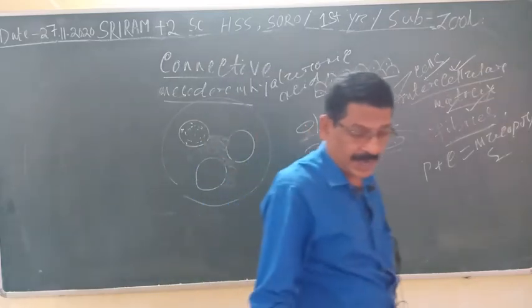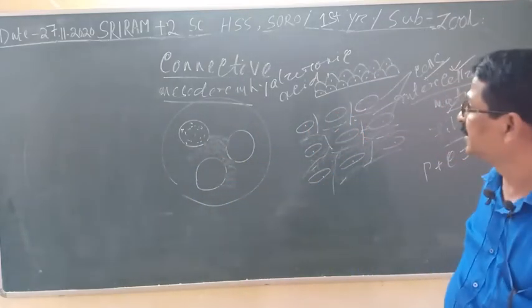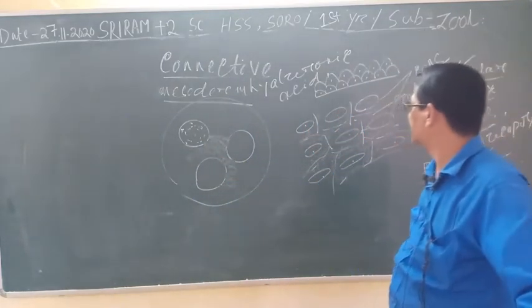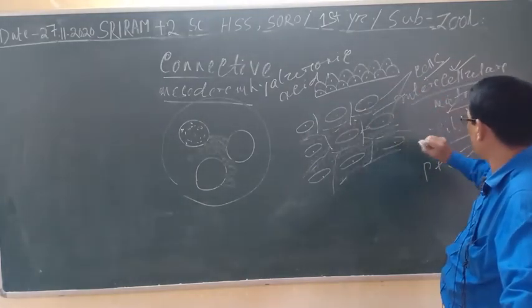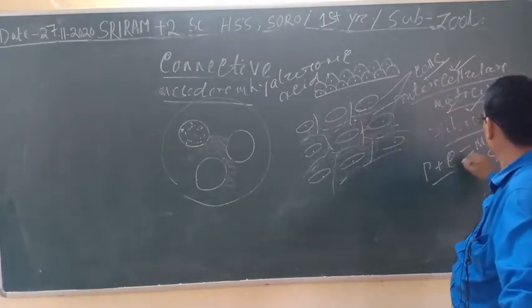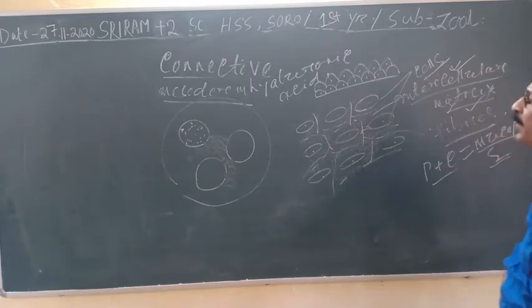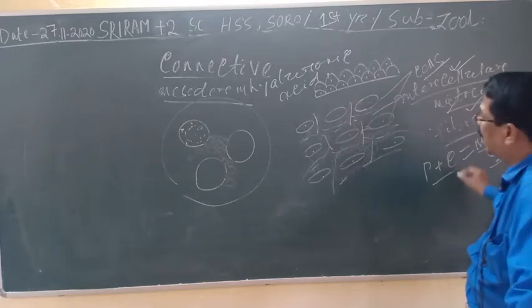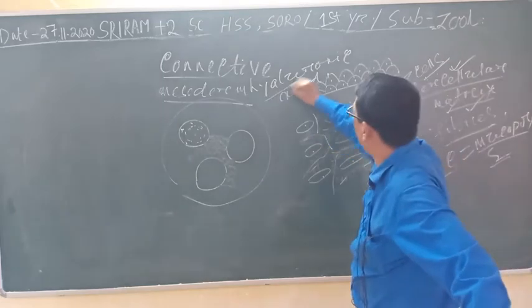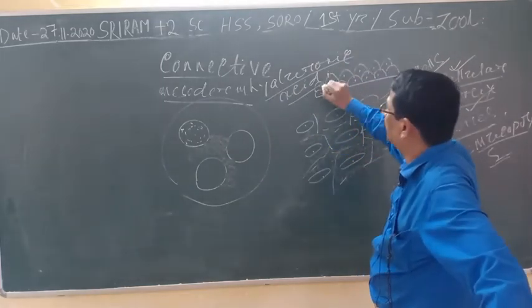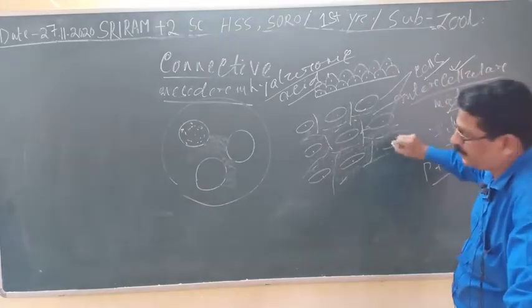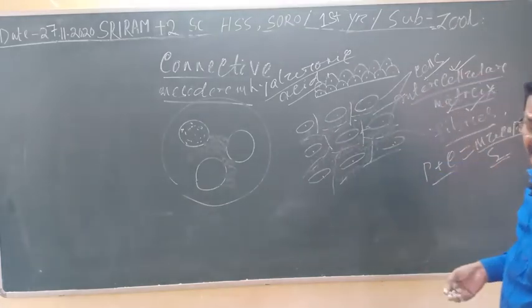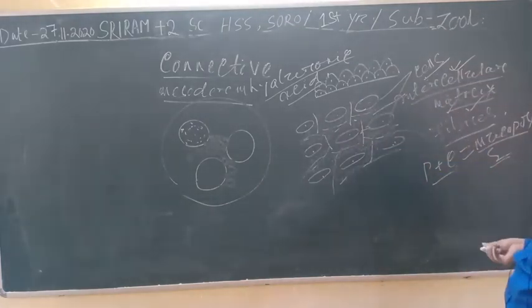That is, the matrix is made up of protein and carbohydrates in the form of mucopolysaccharides, and the major compound of the mucopolysaccharide is hyaluronic acid. Clear?